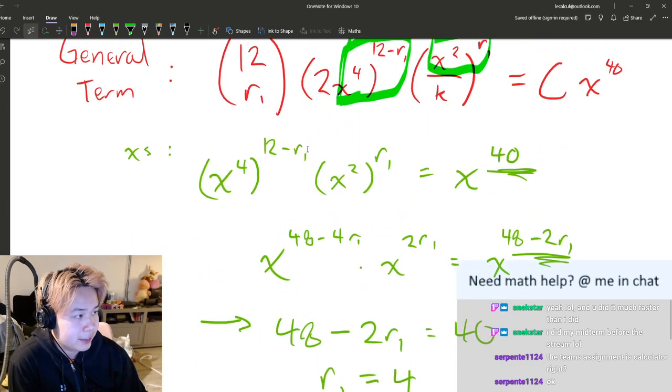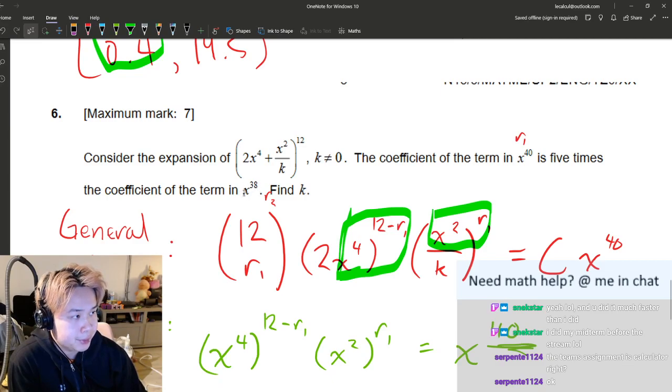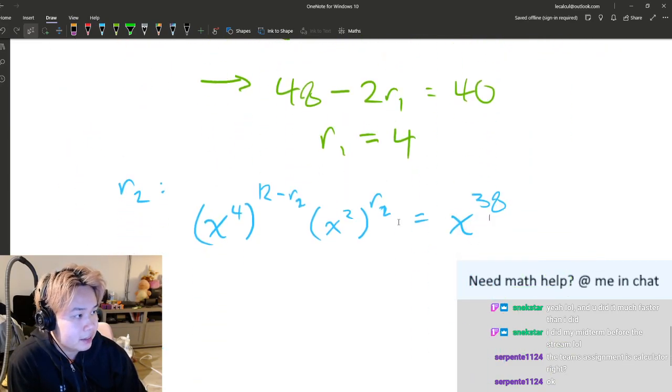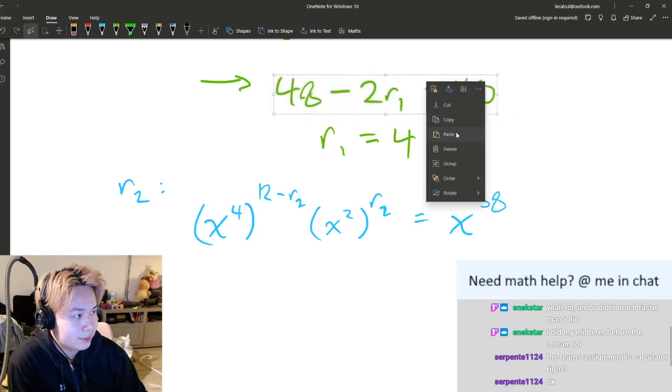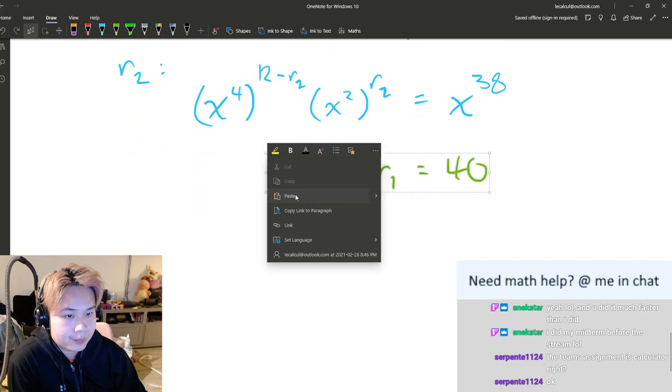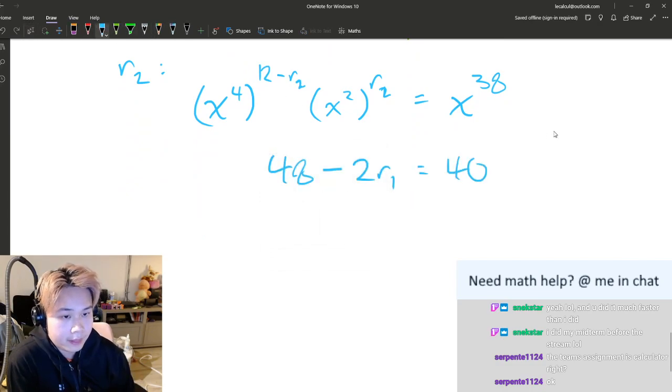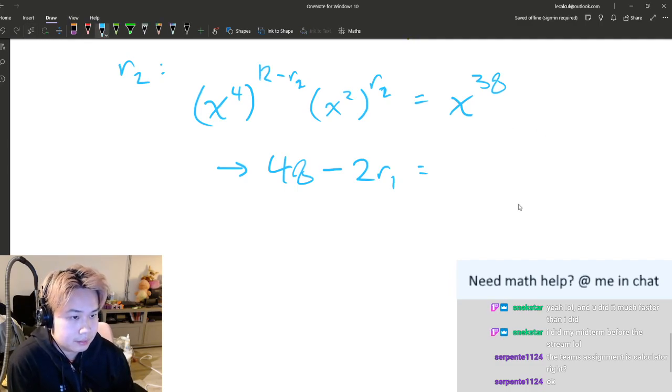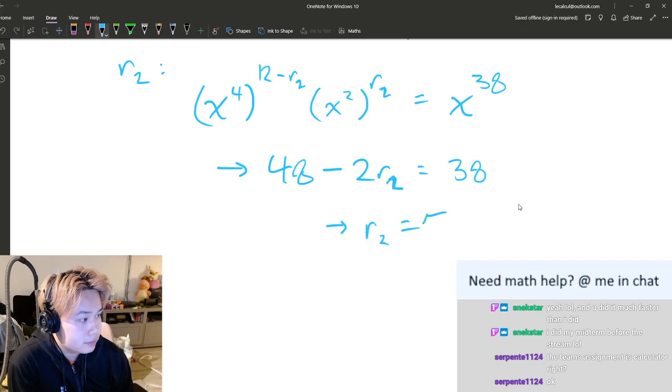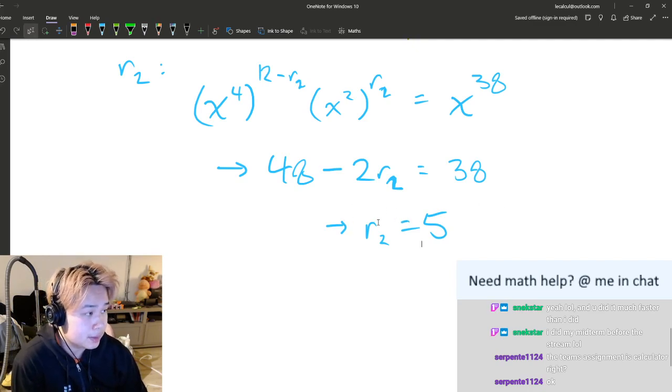It's just a different r value. It's r2, which is related to the x to the power 38. Then I just change the r1s into r2s, and I also change x to the power 40 to 38. But all of this stuff is exactly the same, right? The only difference is now this is equal to 38. In other words, r2 is equal to 5.